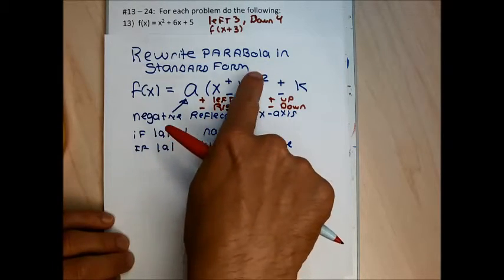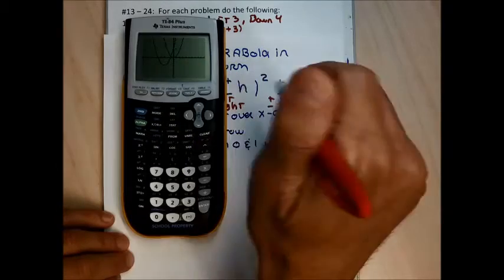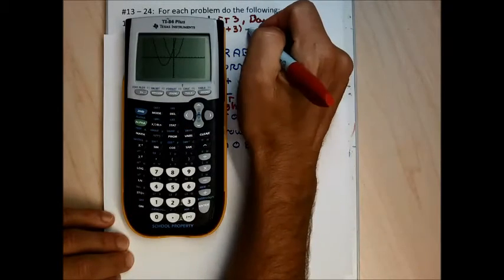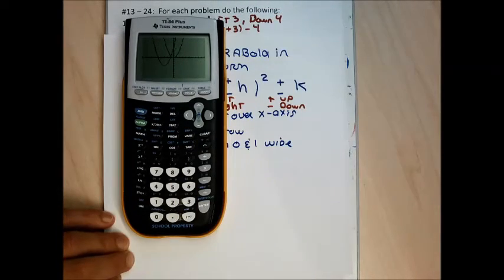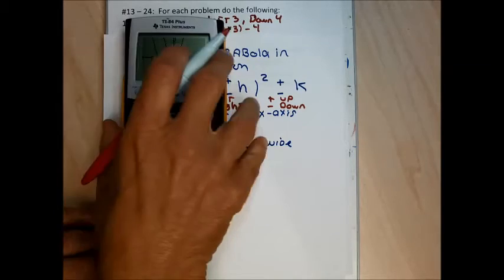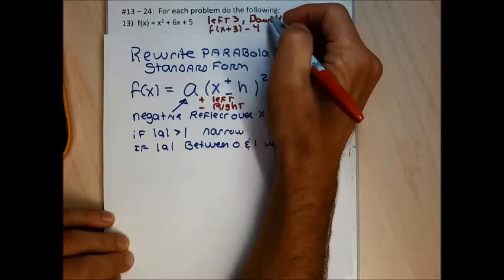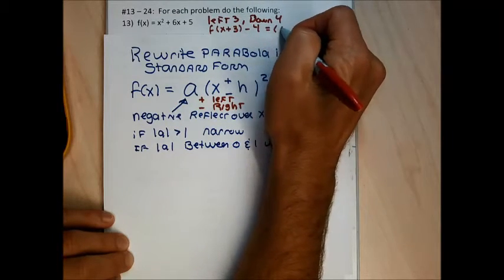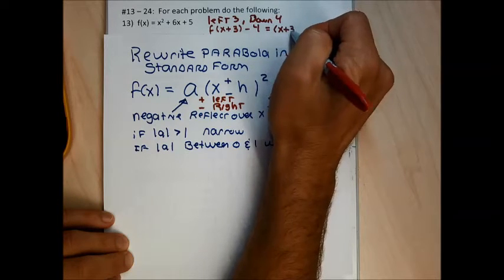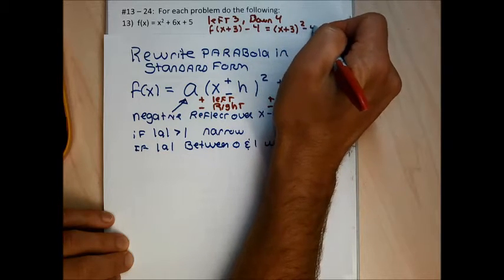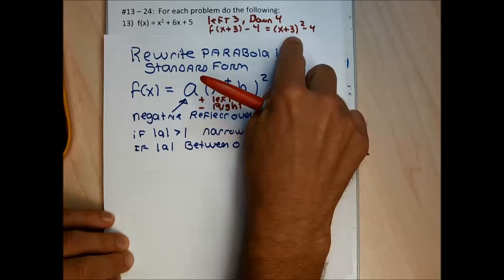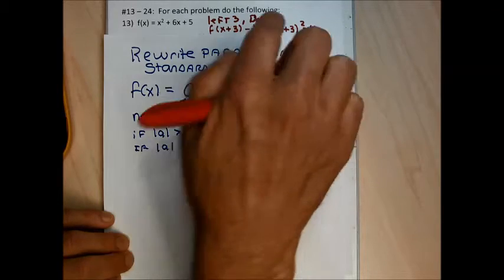And then for the -4 on the vertex, I probably need a minus after the parentheses. And the function that I think is going to have the same graph as this function is x plus 3 squared minus 4. This parabola right here, x plus 3 squared minus 4, will have a left 3 and a down 4 shift.